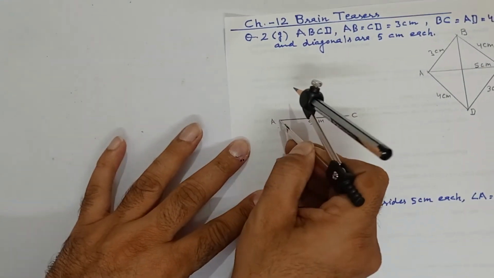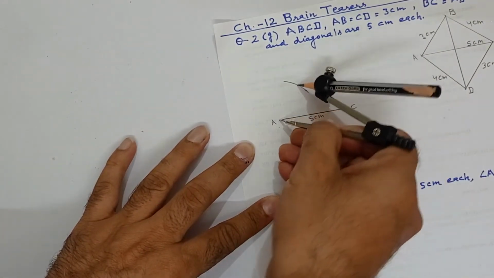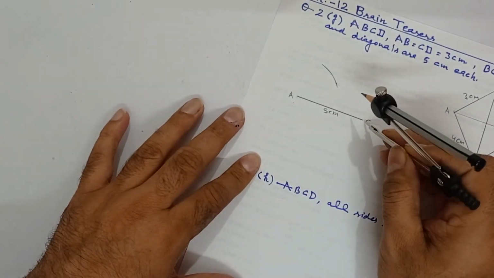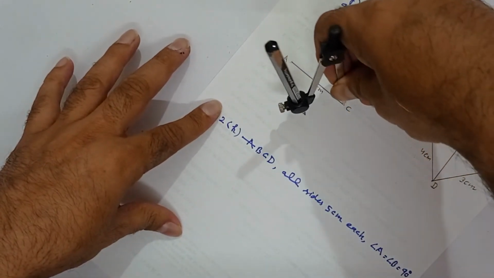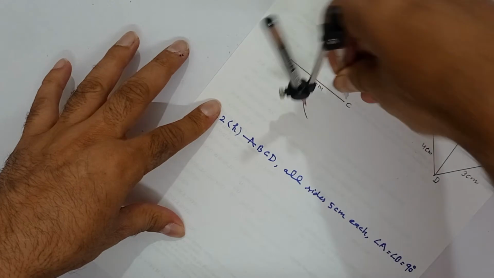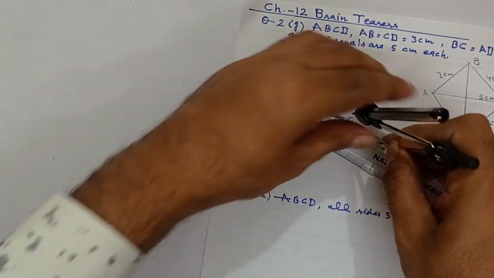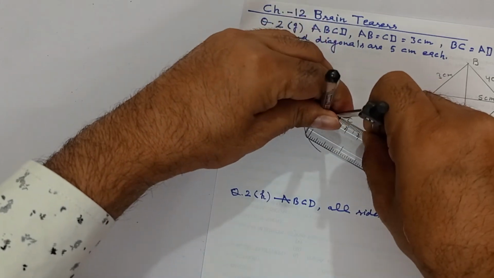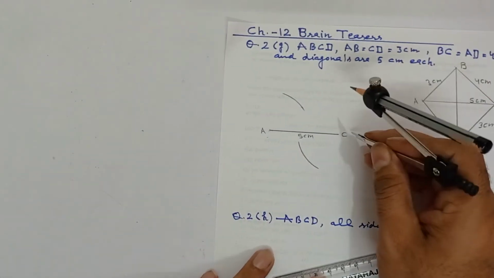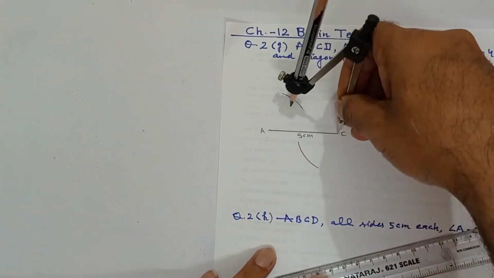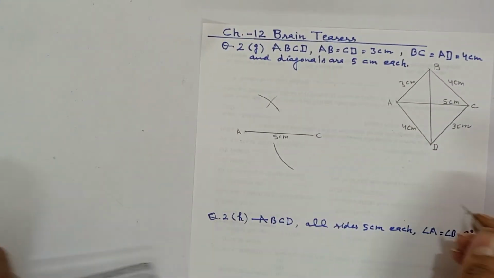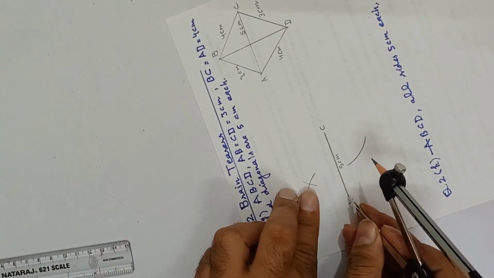Compass tip on A and this is 3 centimeter. 3 centimeter will be cut from C also here down. Now open up the compass 4 centimeter. Keep the compass tip on C, cut an arc here, and from A again 4 centimeter this side.